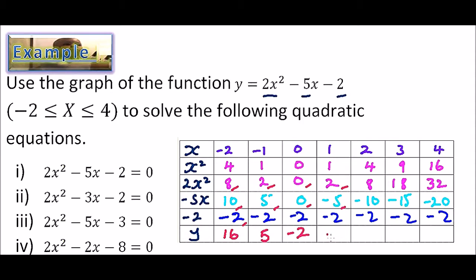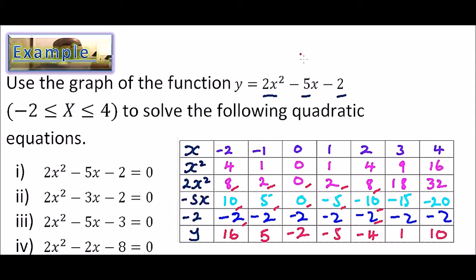Minus 3 minus 2 is minus 5. 8 minus 10 is minus 2. Minus 2 minus 2 is minus 4. 18 minus 15 is 3. 3 minus 2 is 1. 32 minus 20 is 12. 12 minus 2 is 10.